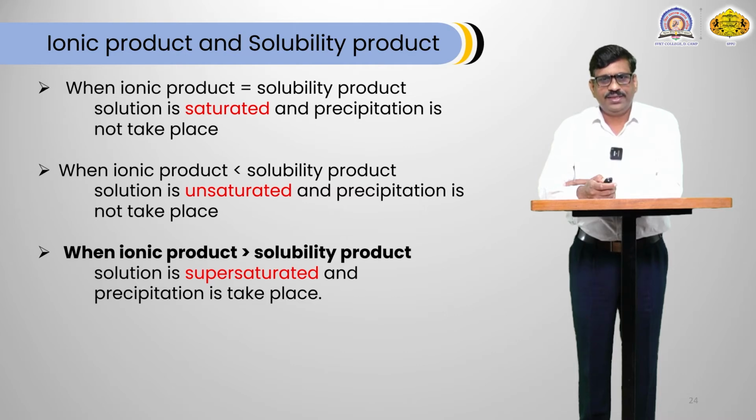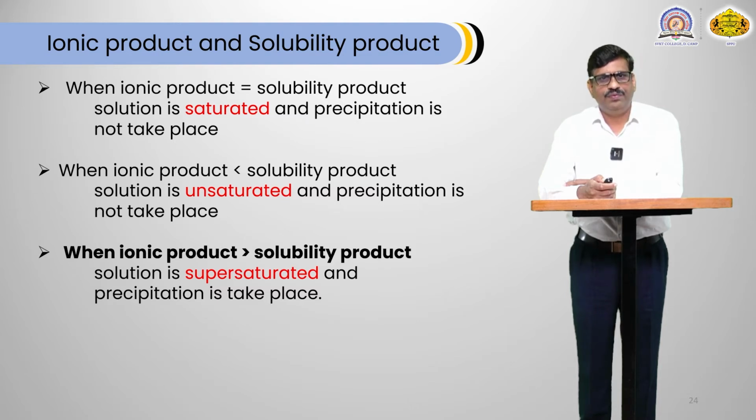When ionic product is less than solubility product, that solution is termed an unsaturated solution. Once again, in that solution precipitation is not going to take place. When ionic product is greater than solubility product, that solution is called a supersaturated solution, and in that solution precipitation can take place.